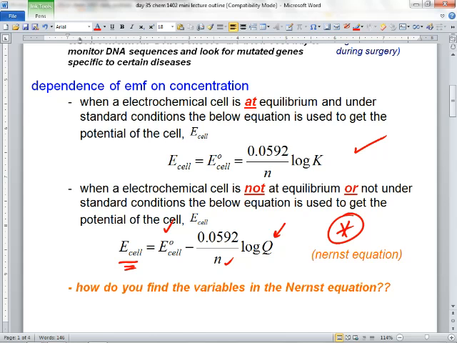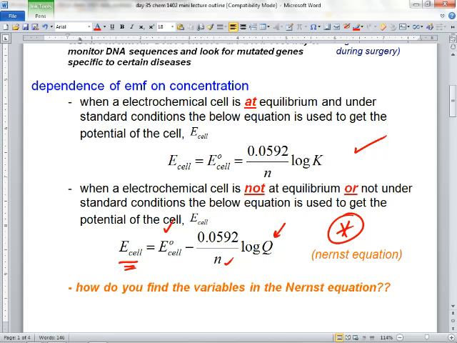Q. I've been harping about, you can get the concentration of an enzyme, the concentration of oxygen, whatever you want. What's Q? We had a name for it way back in Chem 1401. We called it reaction quotient, right?